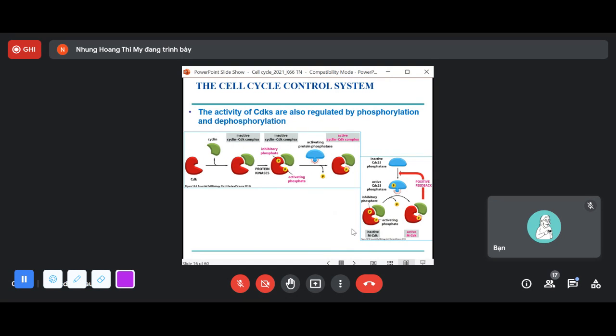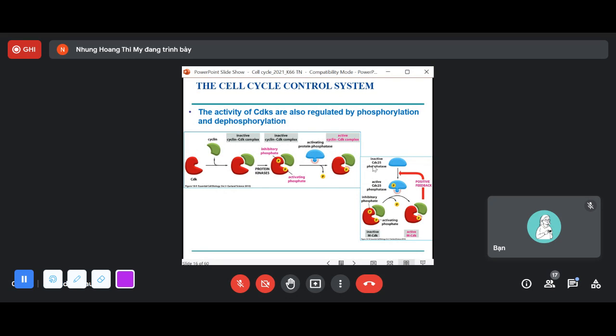How can the CDK do that? If you see in the third stage, the CDK is dephosphorylated by the phosphatase, for example, the CDC25.